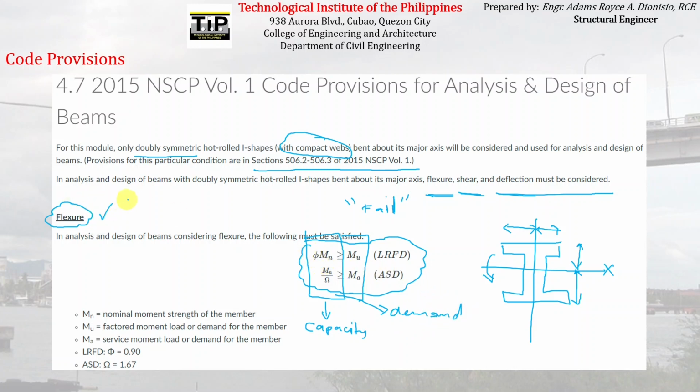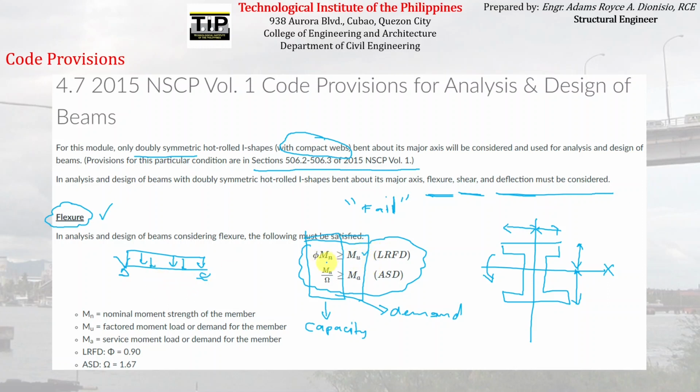So dapat yung flexural capacity is greater than the flexural demand, yung moment induced by the transverse load. Yung Mu, yan yung nakukuha mo kapag nag-drawing ka ng shear and moment diagram. Kung meron kang applied load na uniform distributed load, meron siyang i-induce na shear and moment inside the beam. So yung moment dun, yun yung Mu natin.